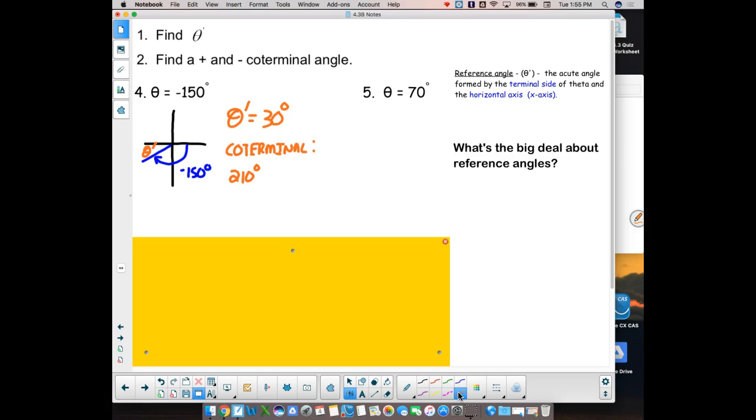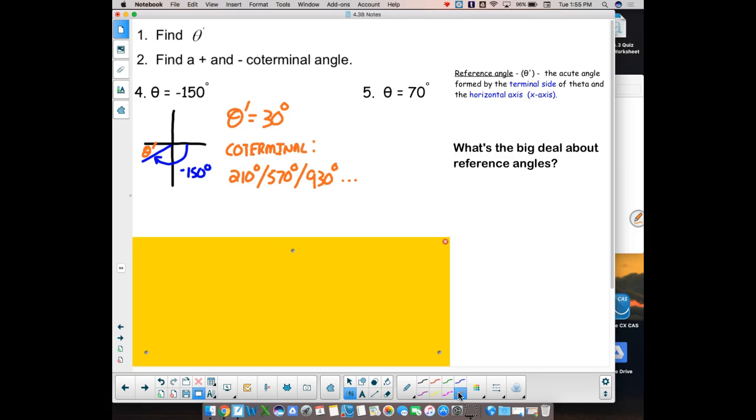Yes? If I went around another one, I would be 570 degrees. If I went around another one, that would be 930 degrees, and so on and so forth. Right?